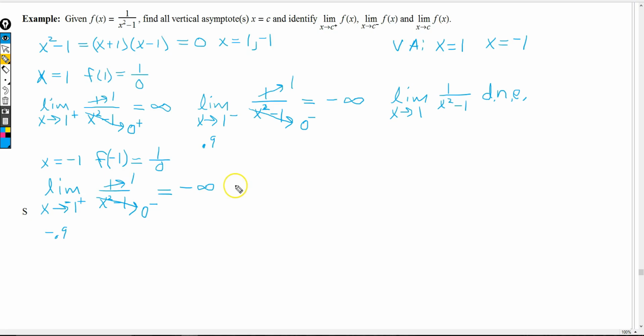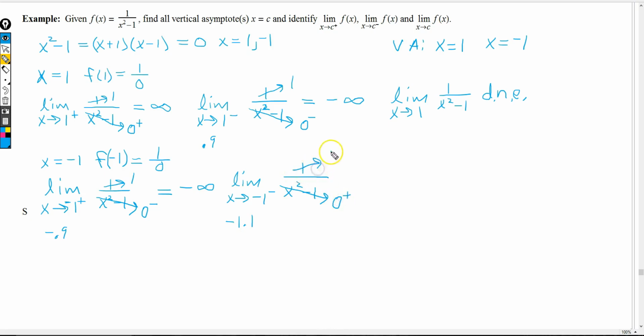Limit as x approaches -1 from the left. Well, as x is approaching -1 from the left, it's going to be taking on values like -1.1. Now if I put -1.1 in for x, x squared is going to be a positive number, and it's going to be a little bigger than 1. So this is going to be a small positive number now. So this is approaching 0 from the right.